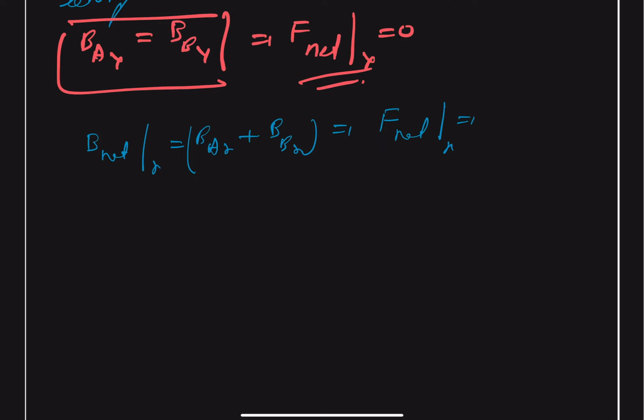So its direction will not be the direction of the net magnetic field. The direction will be along the current.